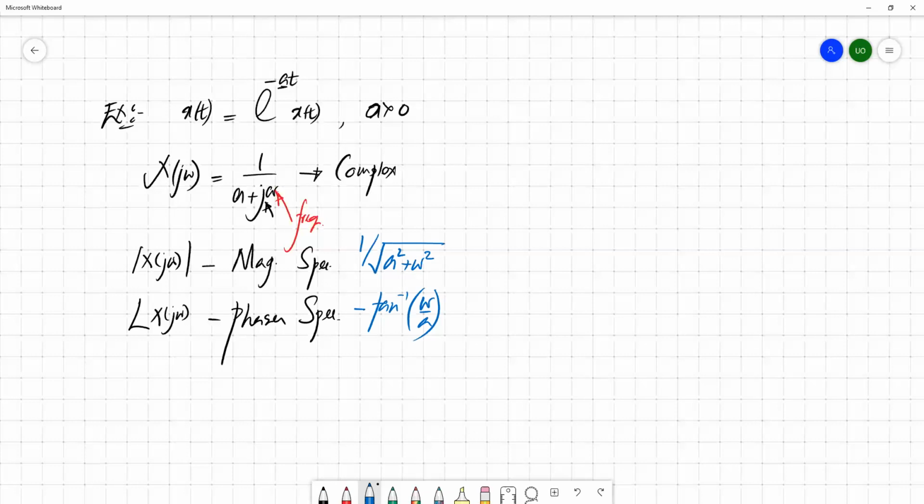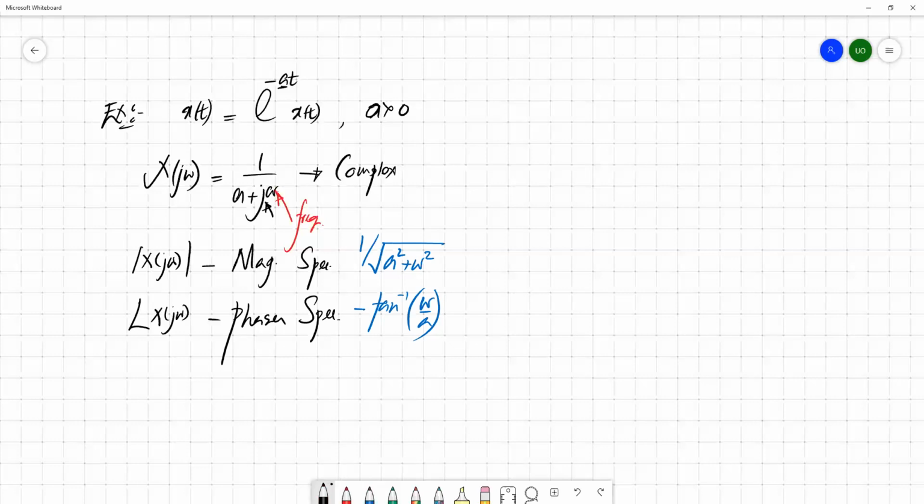Then we plot these two quantities, the magnitude spectrum and the phase spectrum. It's given in the slides. Then we move to another example.